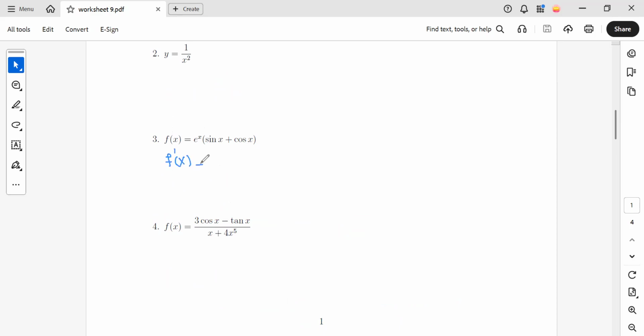So f prime of x is copy the first one, derivative of the second one, which is cosine of x minus sine of x, plus copy the second one, which is sine of x plus cosine of x, and multiplied by derivative of the first one, which is e to the x.